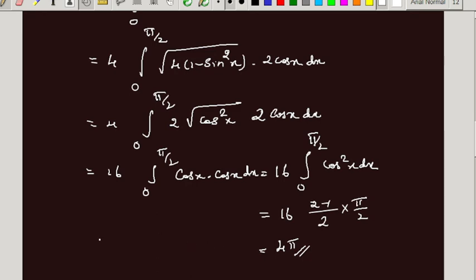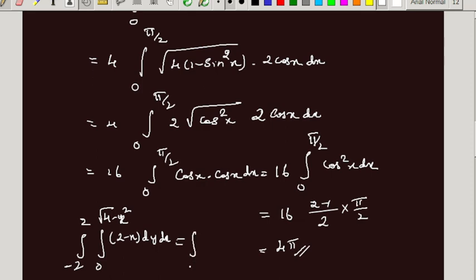So this is nothing but the integral from minus 2 to 2, integral 0 to square root of 4 minus x square, of 2 minus x into dy dx.